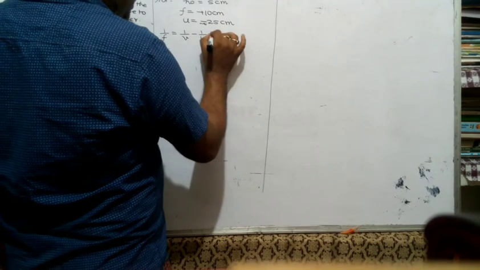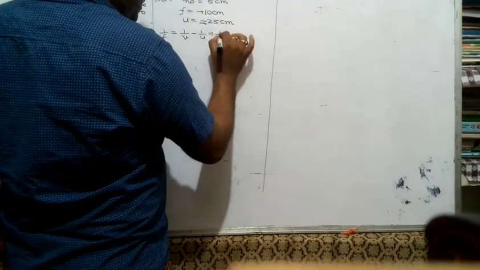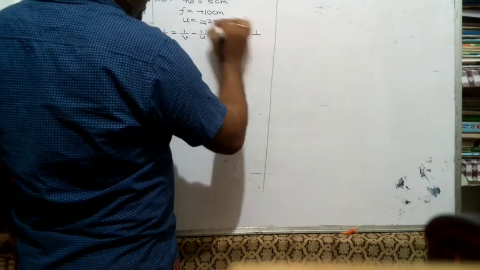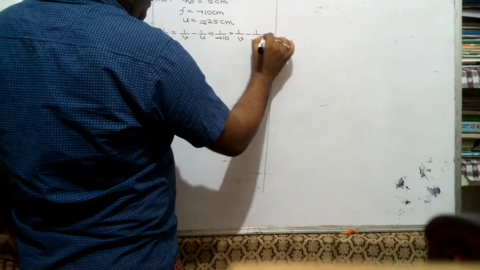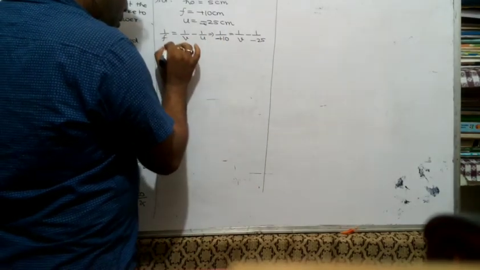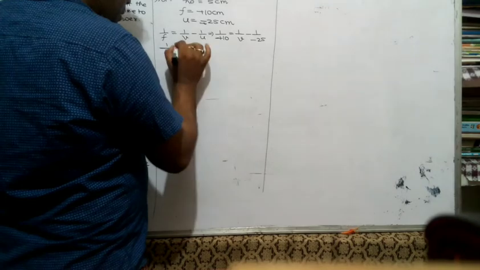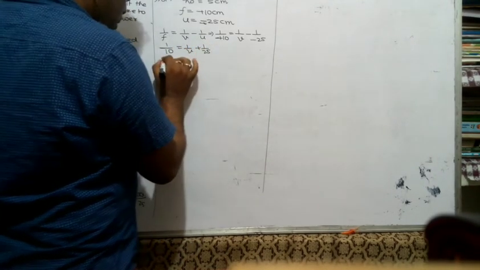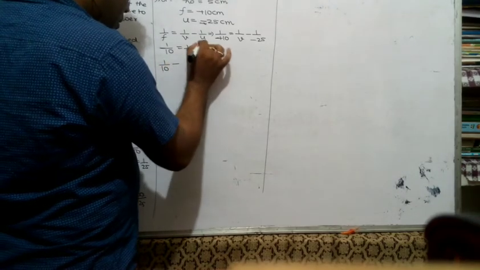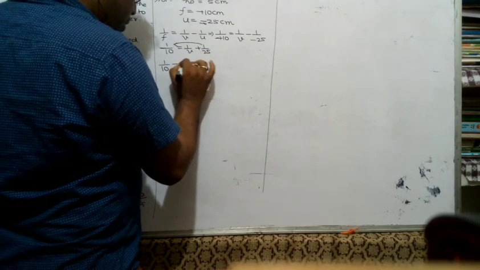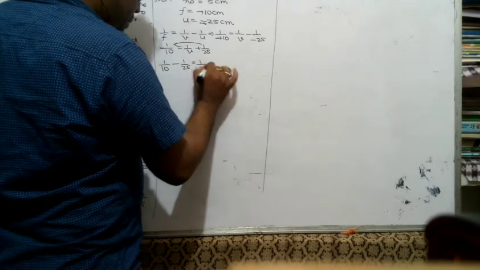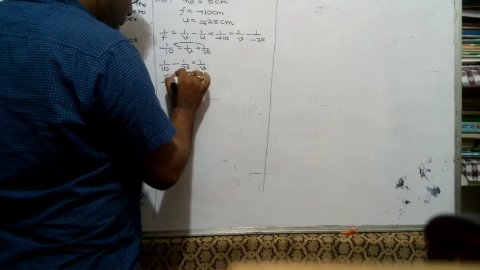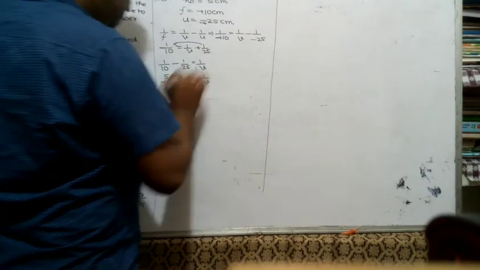So 1 upon f, that is 1 upon plus 10. 1 upon v, we have to calculate. 1 upon u is minus 25. 1 upon 10 is equal to 1 upon v plus 1 upon 25. Transfer this: 1 upon 10 minus 1 upon 25, take the LCM 50. 10 5s are 50, 25 2s are 50.